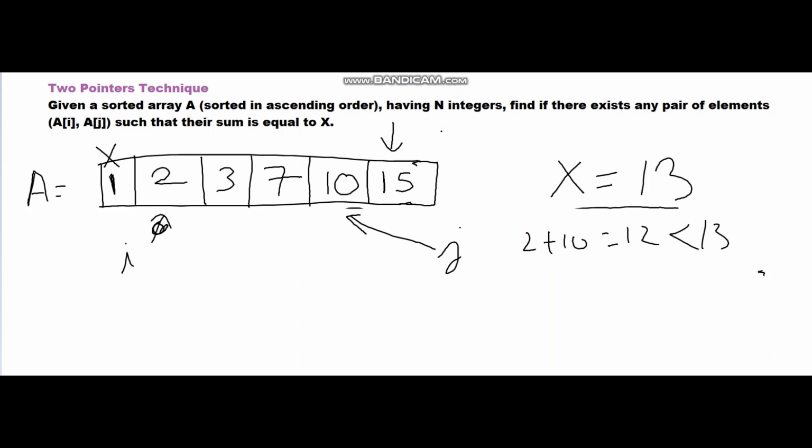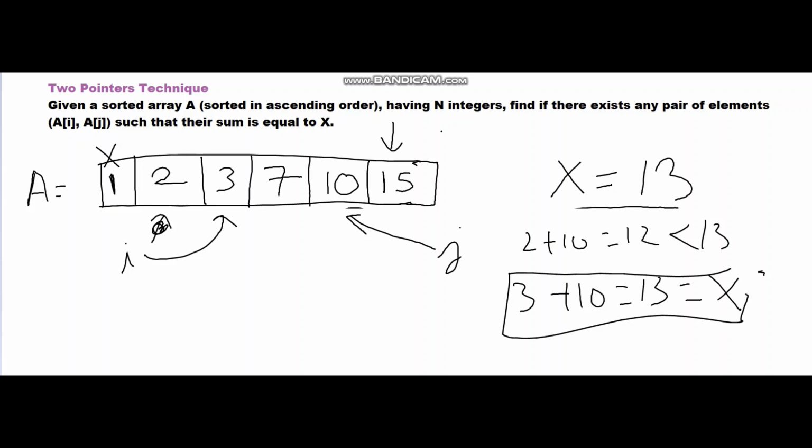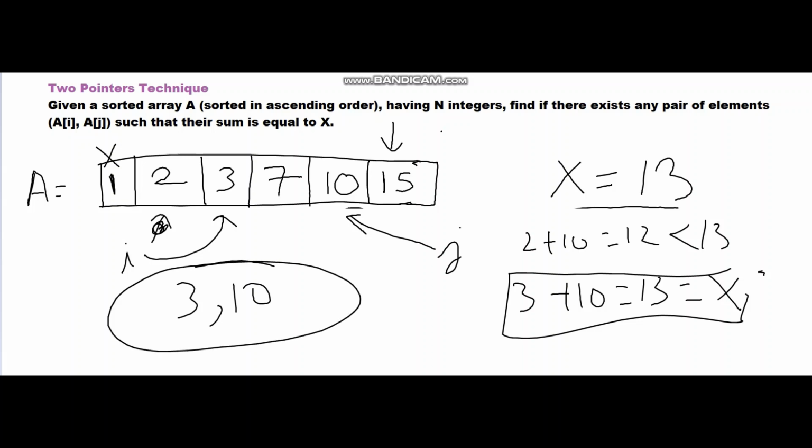So in this case, we will increment the i. Now i plus j is 3 plus 10, which equals 13, which is our required number x. So we have found the solution. i equals 3 and j equals 10 is the possible combination. So you can see how we have reduced an O(n) square problem to O(n) time.